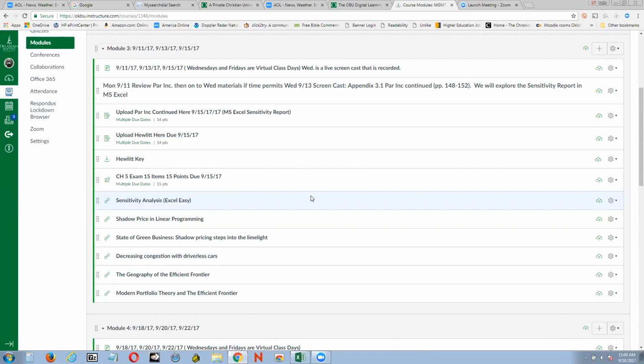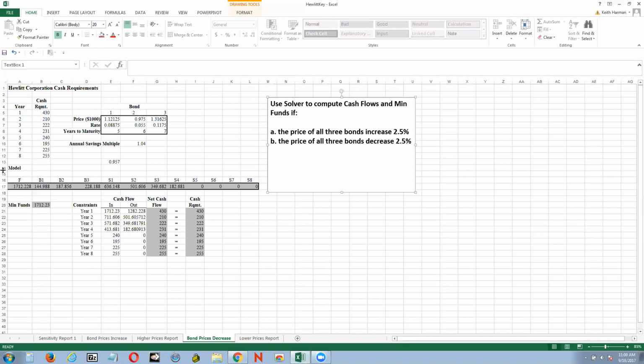And the objective function here is to minimize the funds needed or the cash necessary at any given time. And they show you the funds available, and they show the equation to get that, which is the funds available less funds invested, and that's the cash obligation for the year.